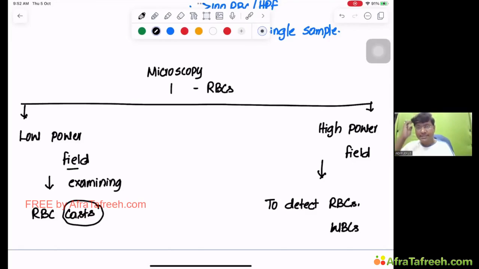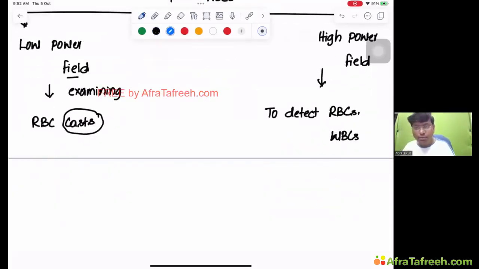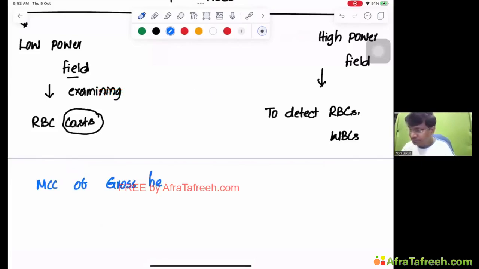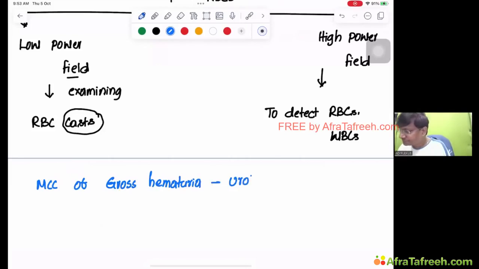Okay, right. Then followed by that, what is the most common cause of gross hematuria? The most common cause of gross hematuria is urological pathology.